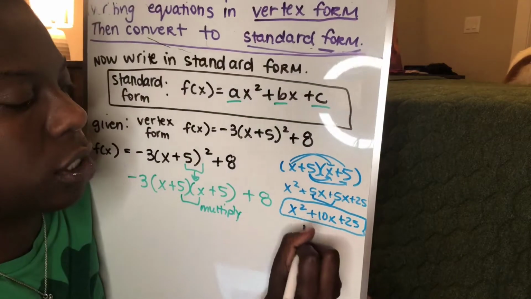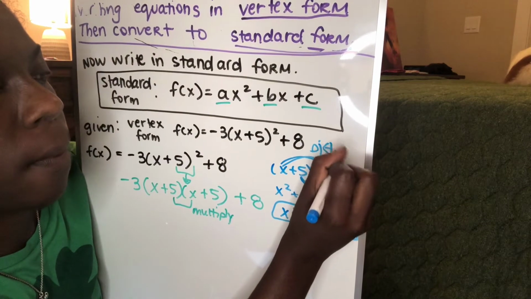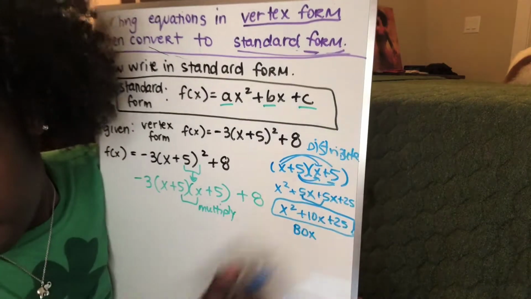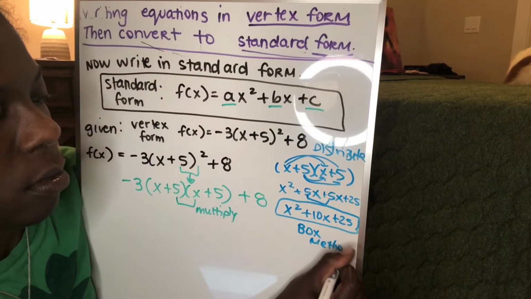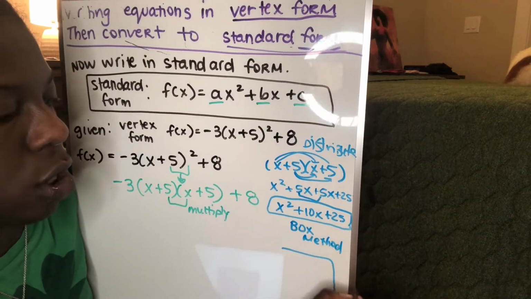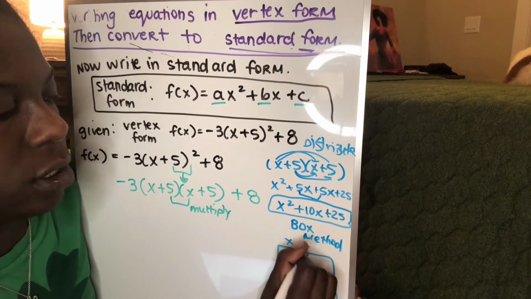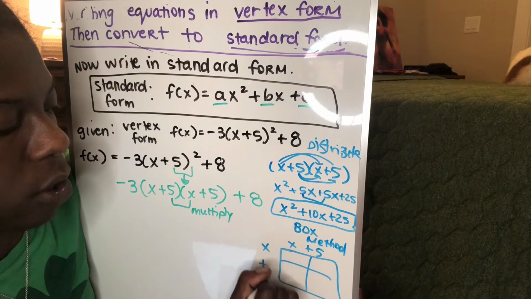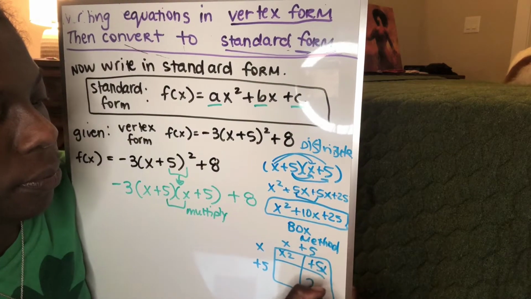You can also do this using the box method. If you use the box method, you draw your small box. You put your first binomial on the top. You put your second binomial on the side. We multiply in our box.